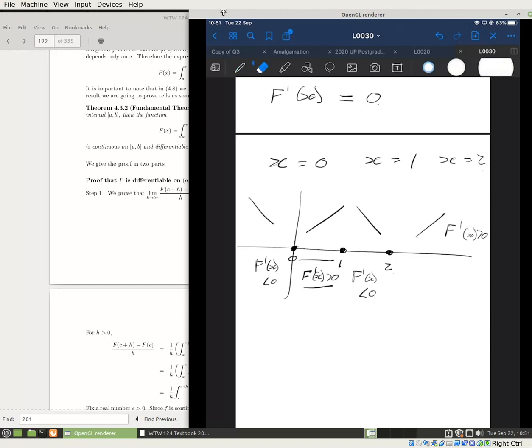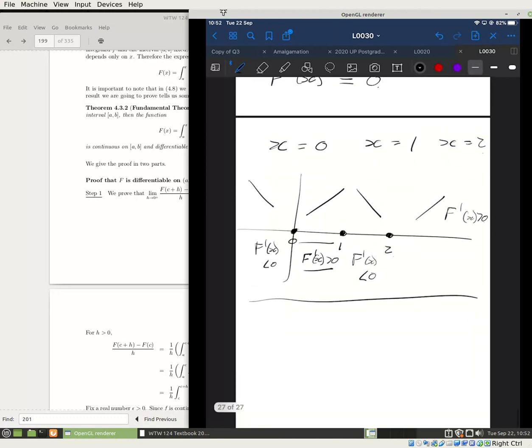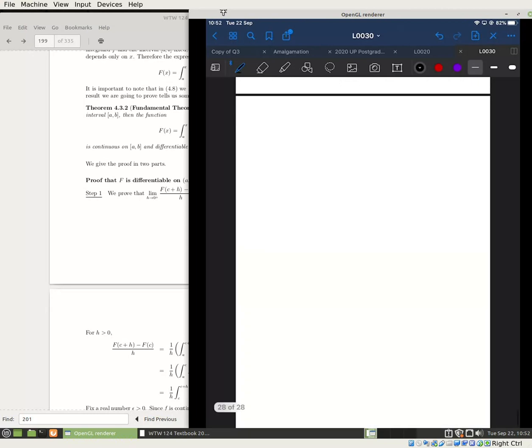So we have to decide which of these is actually the case. Okay, so let us think about the behavior, let's start with plus infinity.